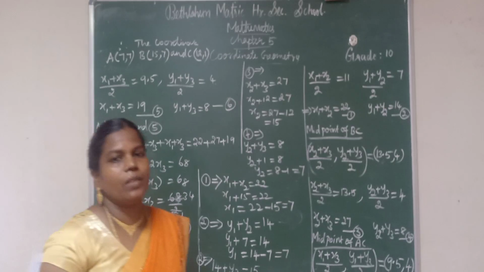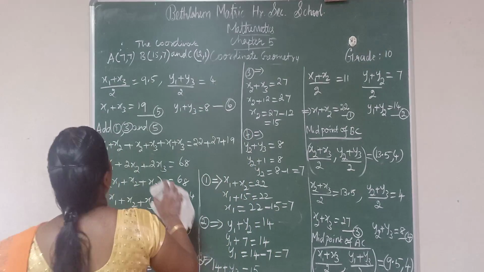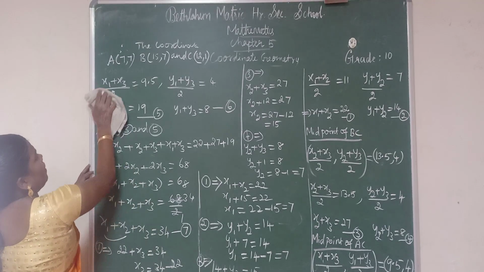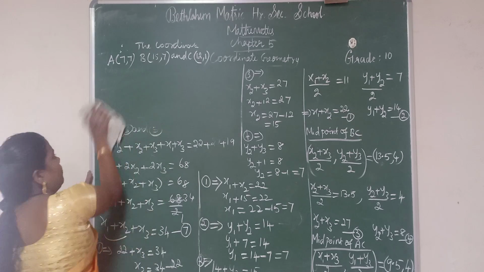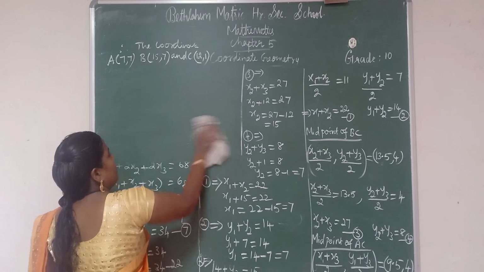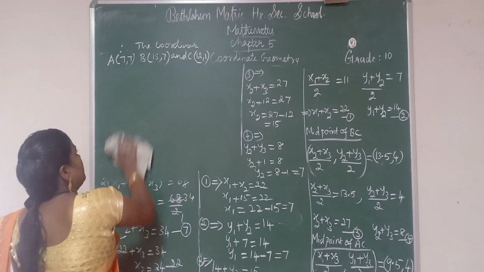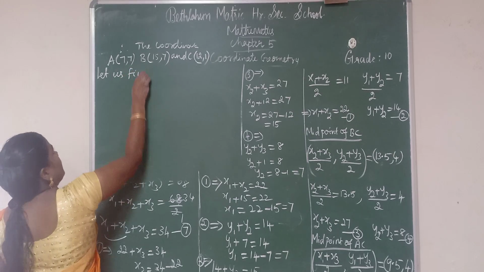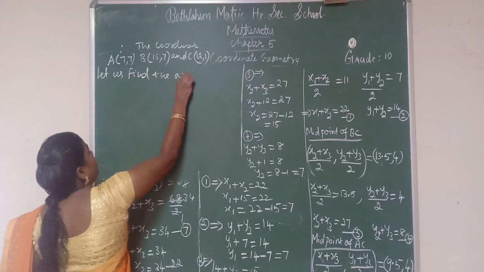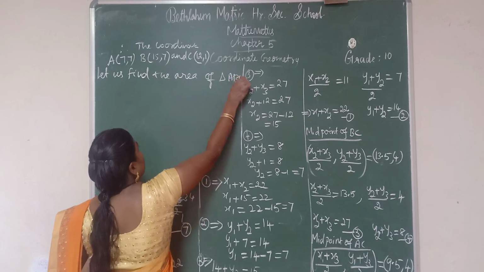Now we have to find out the area of the triangle. So let us find the area of triangle ABC using the formula.